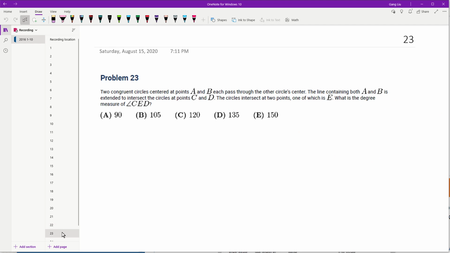Problem 23. Two congruent circles centered at points A and B each pass through the other circle's center.